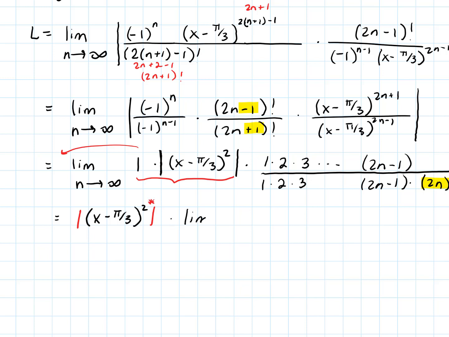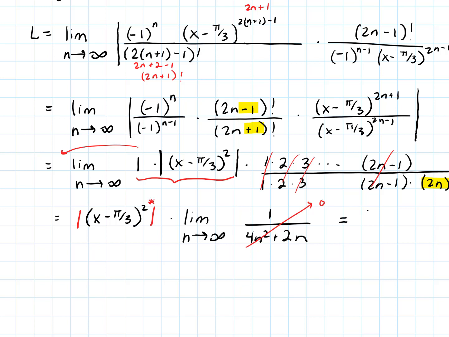We still have the limit as n approaches infinity of the expansion of those factorials, lots of canceling, 1 over 4n squared plus 2n, which grows without bound in the denominator. 1 divided by something that grows without bound approaches 0.